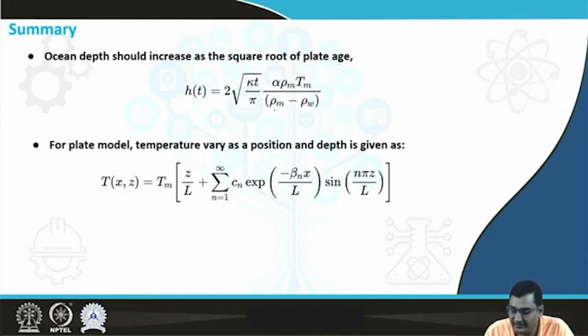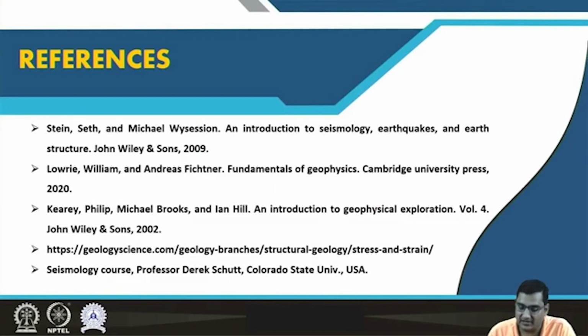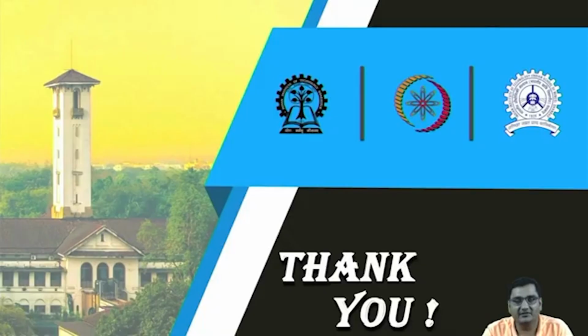When you solve this, it will be 2 under root kappa t by pi, alpha rho m Tm by (rho m - rho w). For the plate model, the temperature varies with position and depth, which is given by this expression. These are the references of today's lecture. Thank you very much. Bye bye.